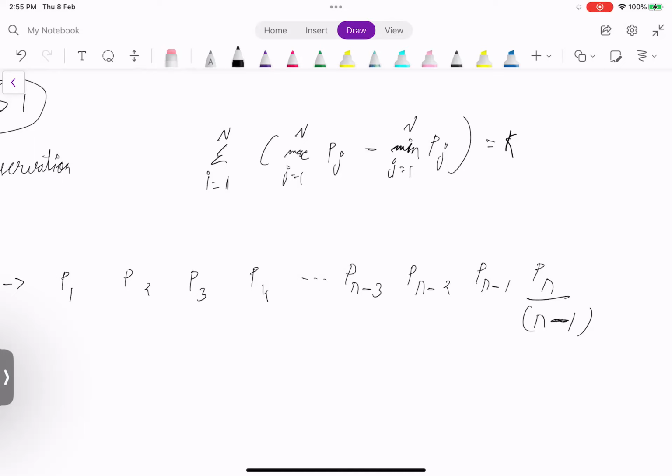Now, when we are over here, it depends on what number we kept over here. Let's say I kept n over here, then the value of maximum of Pj minus minimum of Pj will be n minus 2. In case I don't put n, and I put any other number apart from n and 1, then the value will be n minus 1.